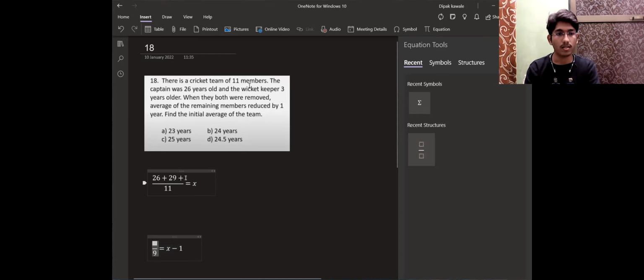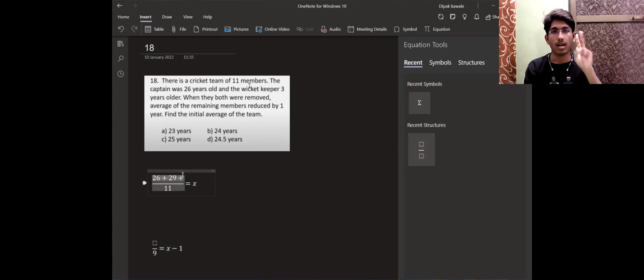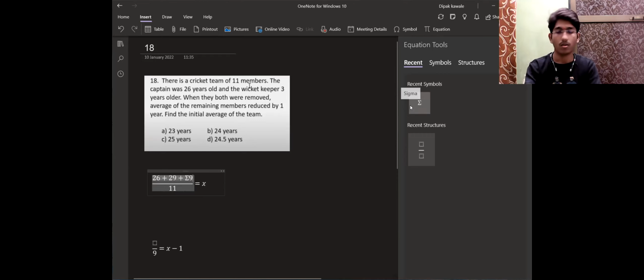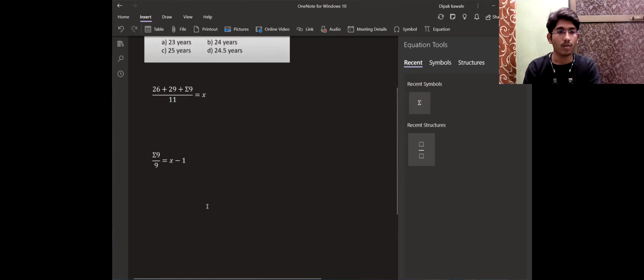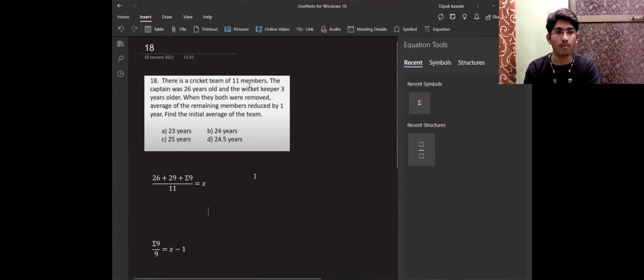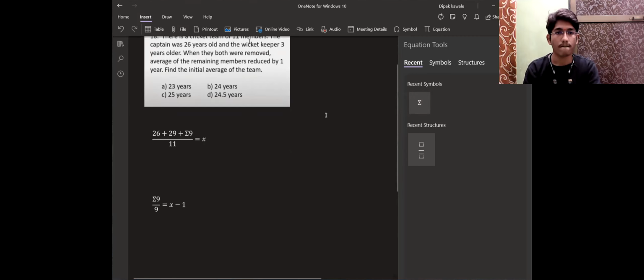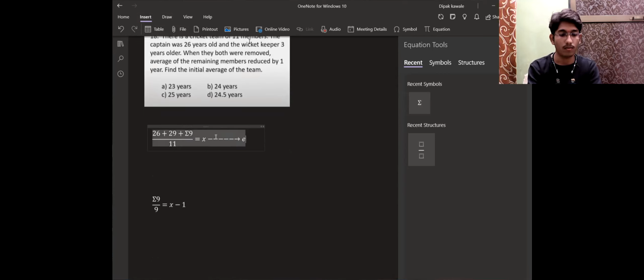Okay, so that means we have been given 2 people's age, captain and wicket keeper. We do not know the summation of all the remaining 9, and they are saying after leaving the group, the summation of 9 divided by the 9 people, their average reduced by 1. Okay, so what we can do, so these are the 2 equations we have formed. So this is our equation 1.